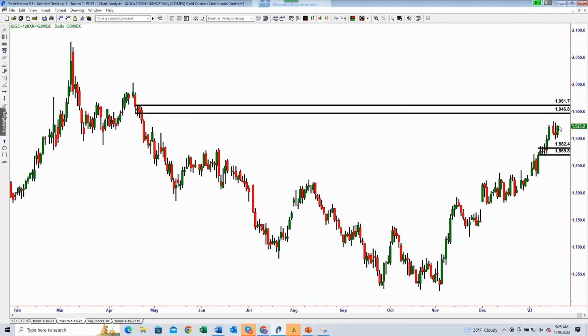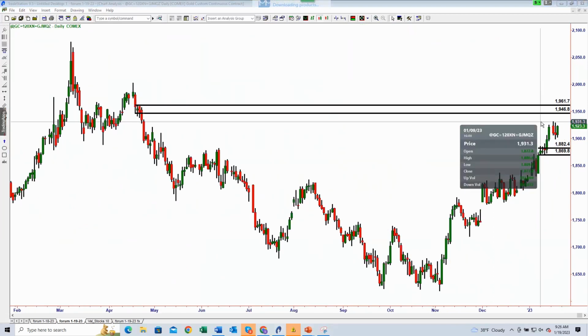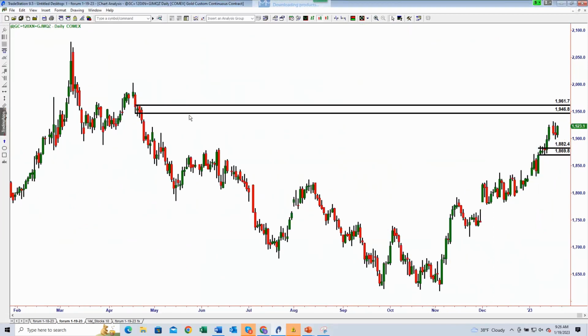So we look at the daily chart of gold. We see the last 4 or 5 days, we're just in this range here. We see above that, yes, we have the 1931. That's a supply zone on a smaller time frame, but above that, there's the 1947 supply and the 1882 demand.